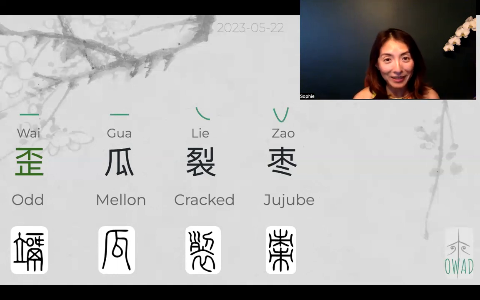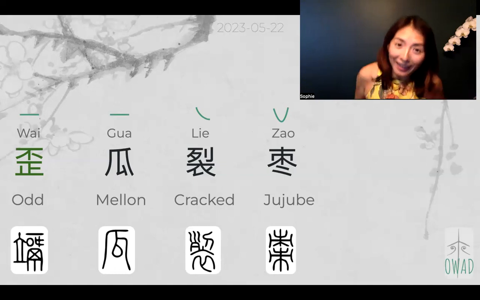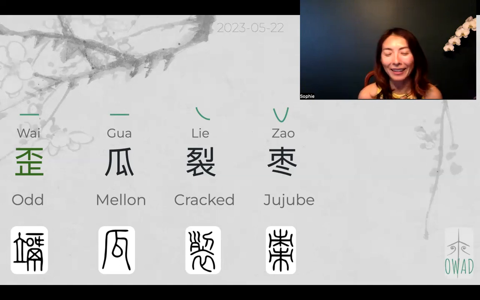Eventually, of course, this expression 歪瓜裂枣 is used on people themselves. So this is a Chinese way to say somebody who is not that good looking. And Chinese are pretty direct when commenting on somebody's appearance. If you ever talk to a Chinese person or live in China for a little bit, if you come across somebody acquainted with you, they may just comment on your appearance, like, how come you look fatter today?